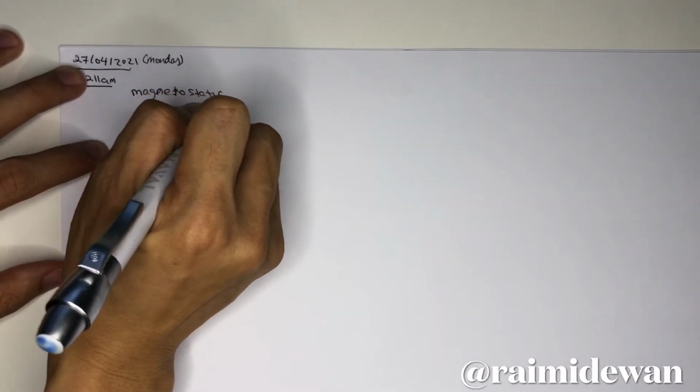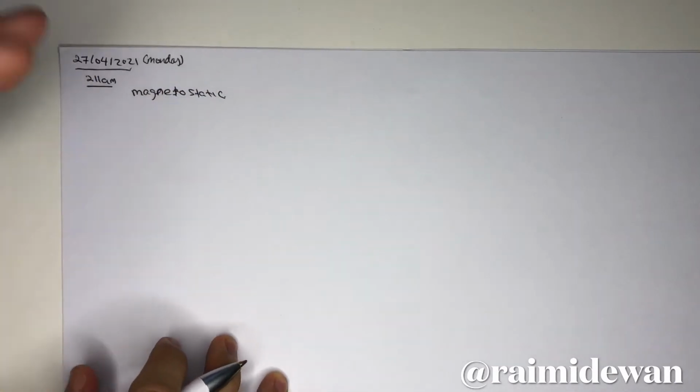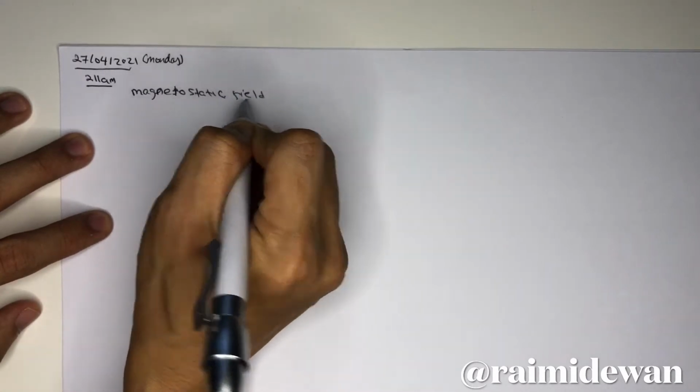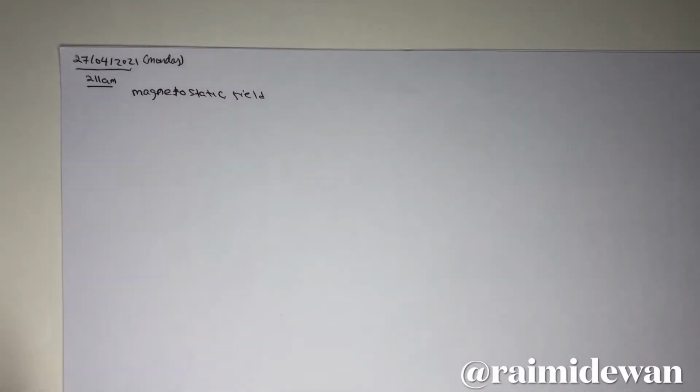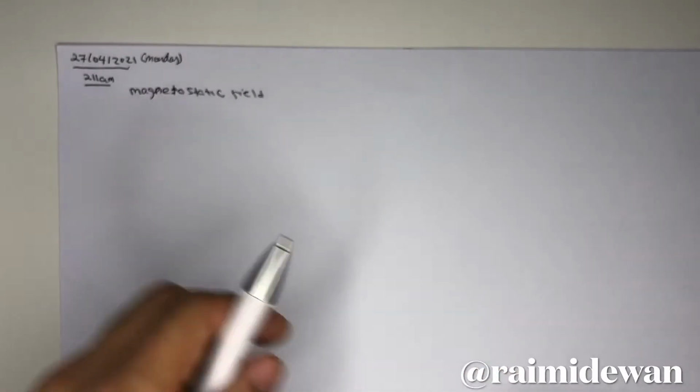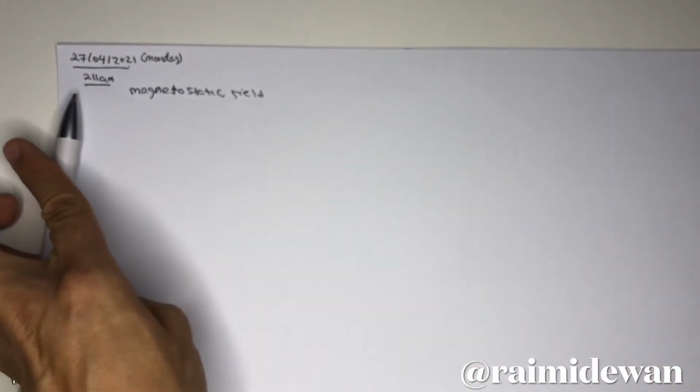So this is the beginning chapter where we will start discussing magnetostatic. No more electrostatic, and later on we will combine them afterwards. Now is a starting point for us to explore the magnetic world.